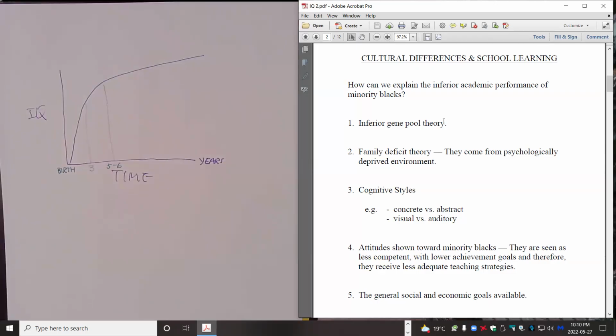This theory stipulates that Black people have inferior genes, or in Canada, indigenous people have inferior genes. That led to our infamous residential schools. The policy was meant to eradicate their culture, looked upon as inferior. And of course, you know now this is hugely wrong. That's a big fatal mistake.